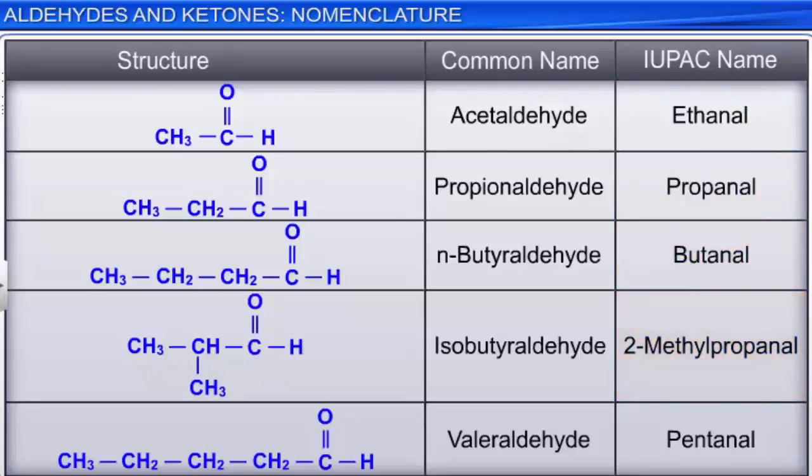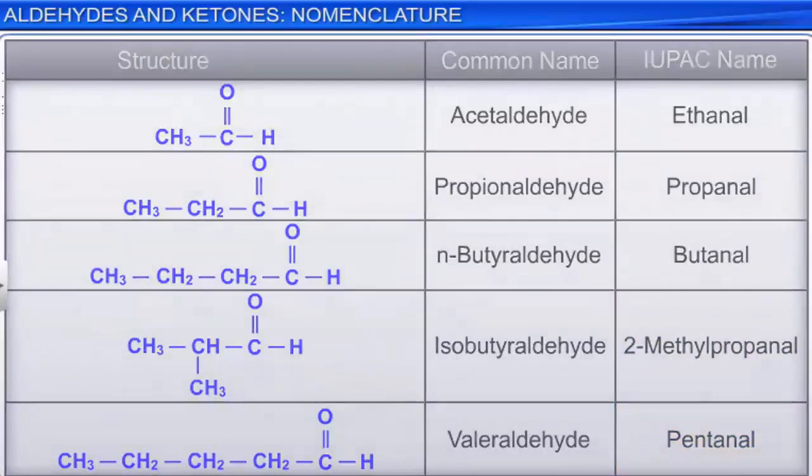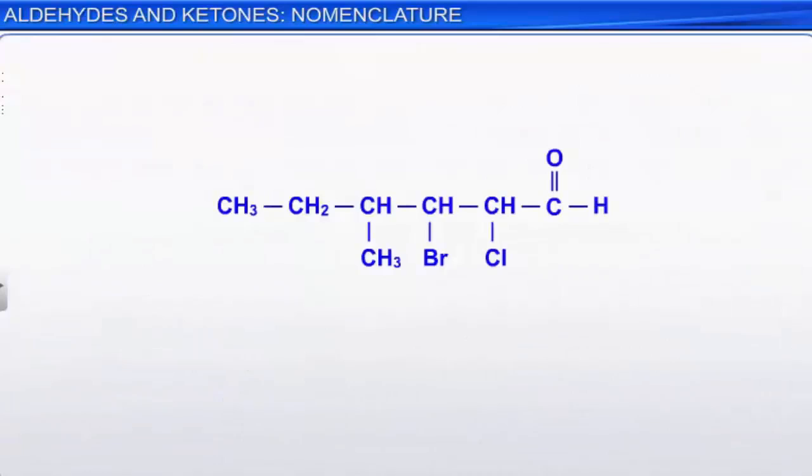The substituents in the aldehydes are prefixed in alphabetical order along with numerals indicating their positions in the carbon chains. Thus, the IUPAC name of the given compound can be written as 3-bromo-2-chloro-4-methylhexanal.